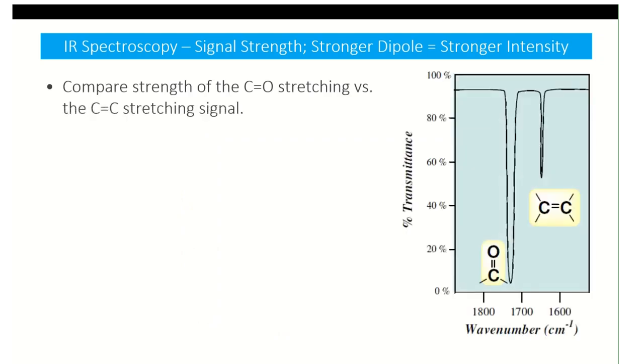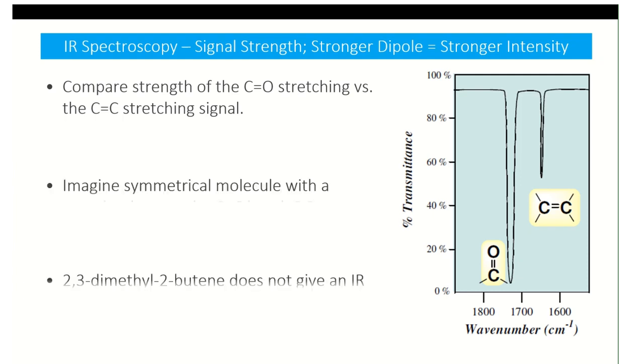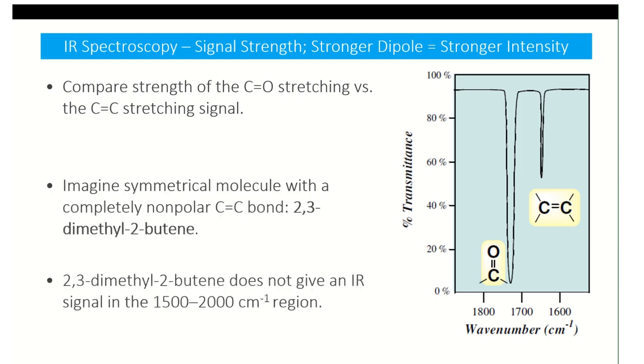One difference is due to the dipole. The larger the dipole, the stronger the intensity. So if you compare the carbonyl to the alkene, you can see exactly why.